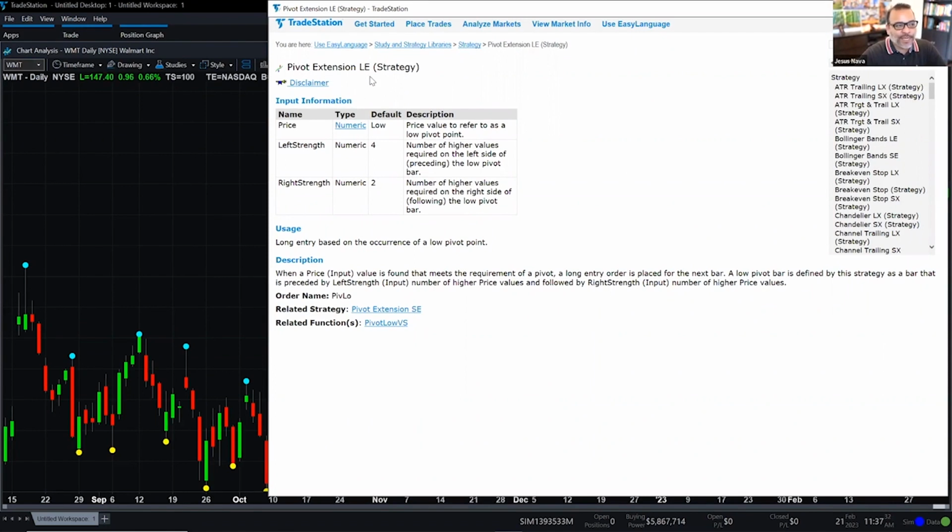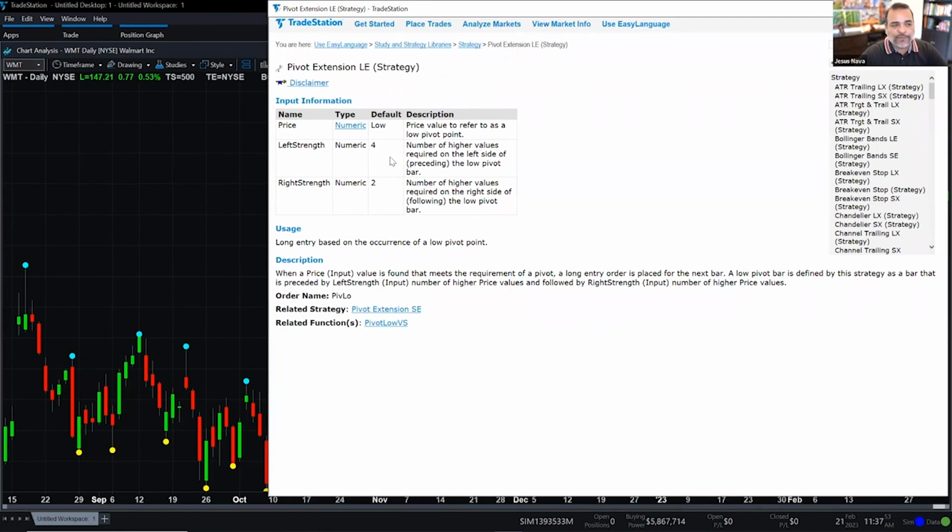This is the pivot extension LE. When I was reading this morning, this is very similar to what the show me does, where you have a left strength and you have a right strength. In this particular case, notice how the left strength is set to 4 by default and the right strength to 2 by default.